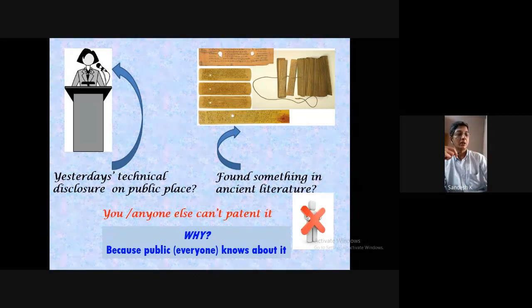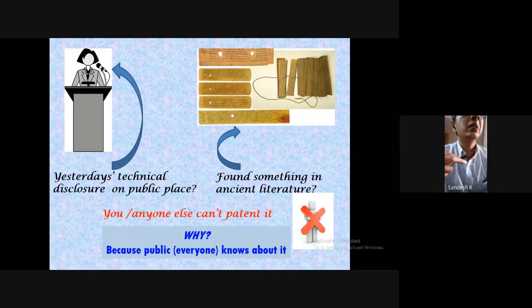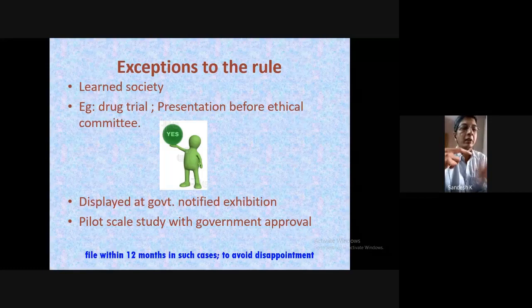If it has already been disclosed publicly, then you can't patent it. So before disclosure, you have to file a provisional patent and then go for disclosure of the invention.